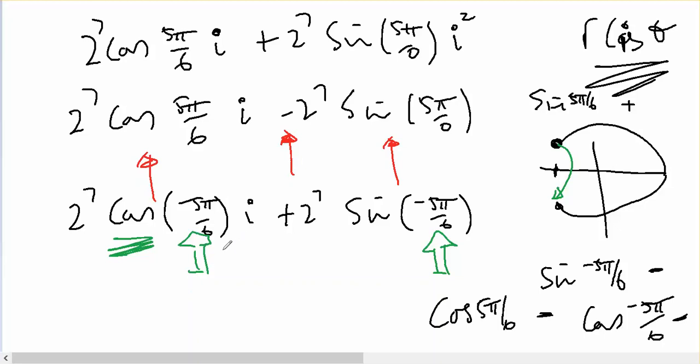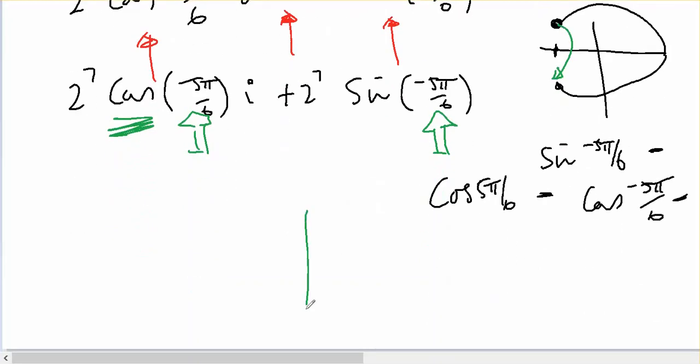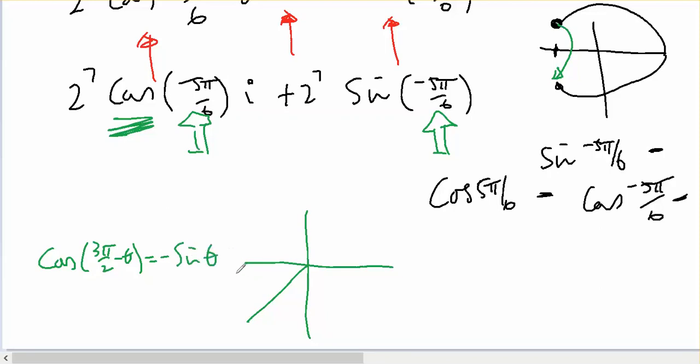I'm going to use the complementary angle rules. So the complementary angle rules tell me that for minus 5 pi on 6, we're in the third quadrant, that the cos of 3 pi on 2 minus theta equals the negative sine of theta, and that the sine of 3 pi on 2 minus theta will equal negative cos of theta.